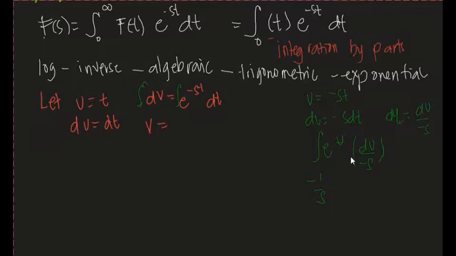The derivative ng e raised to u du will be equal to e raised to u na lang. So, back substitute natin ang value ng u. This is negative 1 all over s, e raised to negative st. So, ang v gali naton will be equal to sa sini nga value. So, this is equal to negative 1 all over s e raised to negative st.